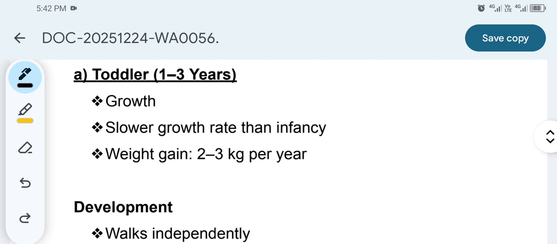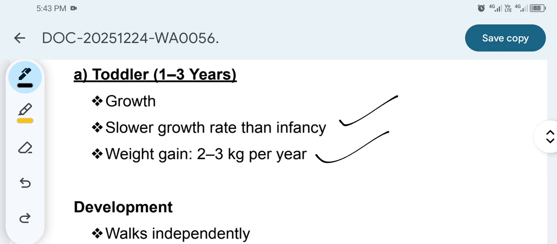Someone who is 1 year to 3 years. The growth of a toddler is that they have a slower growth rate as compared to an infant. An infant, remember we said someone who is 1 month to 1 year. So their growth rate is slower than an infant, and they are able to gain weight of about 2 to 3 kg per year.